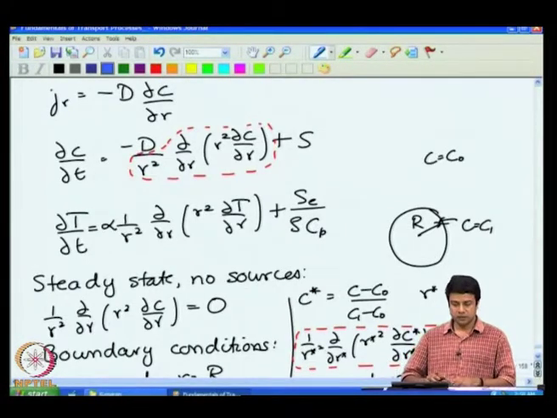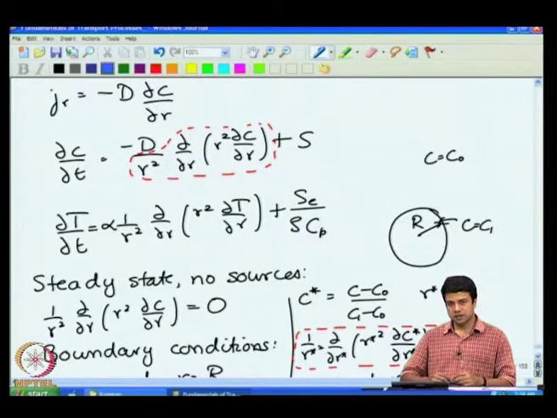dc by dt is equal to D times this operator, 1 over r square d by dr of r square dc by dr. In the case of a Cartesian coordinate system, this was just d square c by dz square. That is because the surface area was independent of the z coordinate.